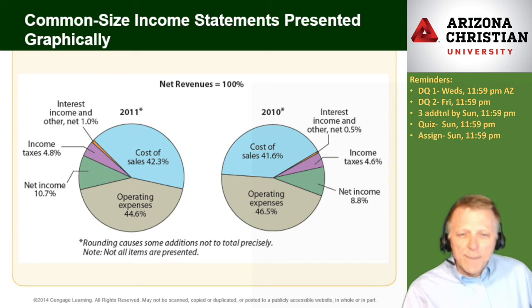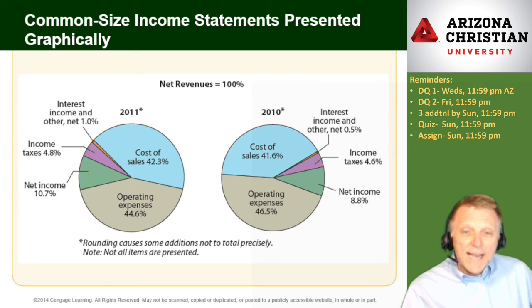In this example, a pie chart is used to compare where all the net revenue went in 2011 and then what happened in 2010. So you can see in 2011, 44.6% of net revenue went to operating expenses, 42.3% of net revenue went to the cost of sales, and so forth. So that's the vertical analysis.